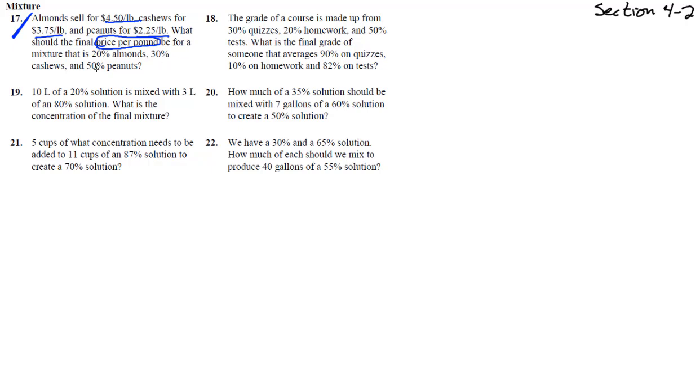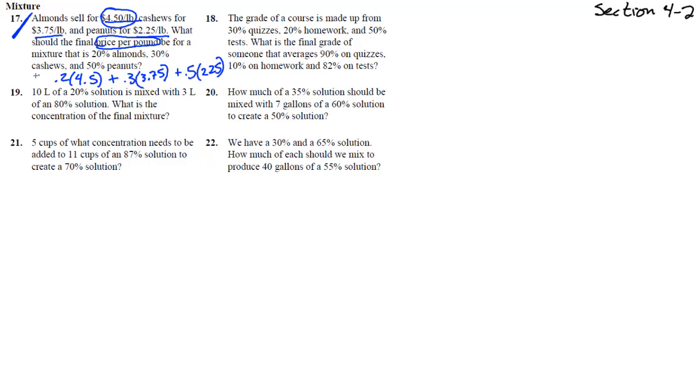You can see 20 and 30 and 50 add up to 100%. So it's 20% of this price right here. So 0.2 times 4.50, plus 30% of it is this one, 3.75. And 50% peanuts, so plus 0.5 times 2.25.